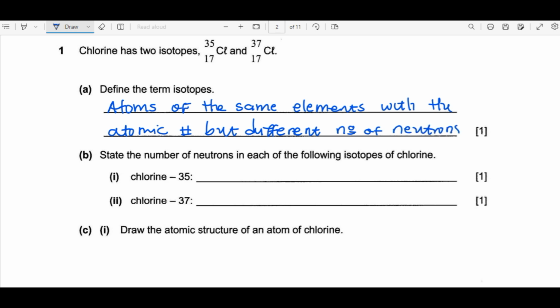So the reason why we have two different mass numbers is because of having different numbers of neutrons. And we are going to see that by the calculations that we have in question B.